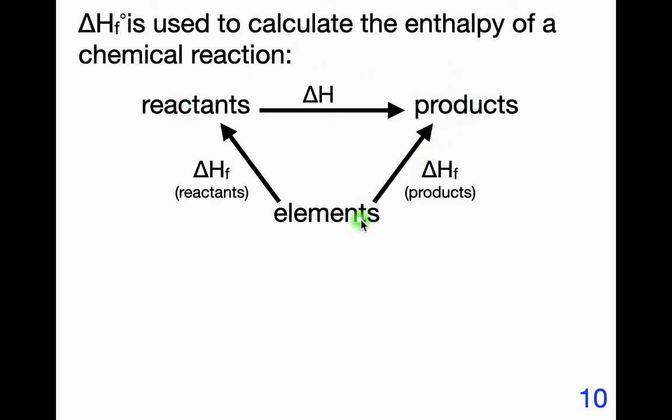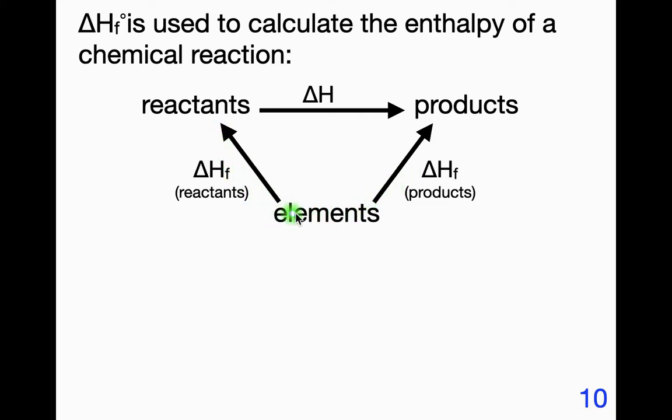So what we can do is we can simply look at the formation of all the reactants from the elements that make them up and do the same thing for the products. So this arrow here would be the enthalpy of formation of all the reactants, and this arrow here would be the enthalpy of formation of all the products. Now remember, last week we talked about the conservation of energy, and when we looked at Hess's law, we walked through an energy diagram that looks much like this.